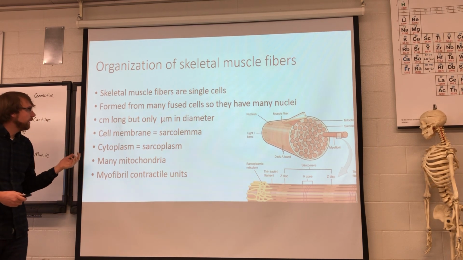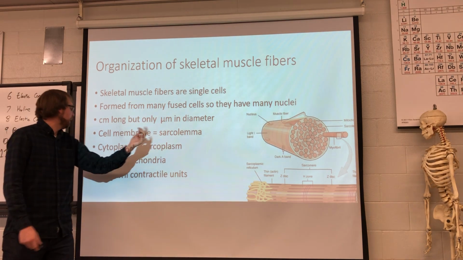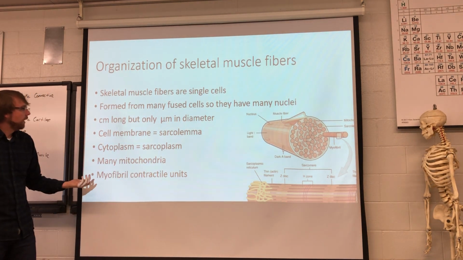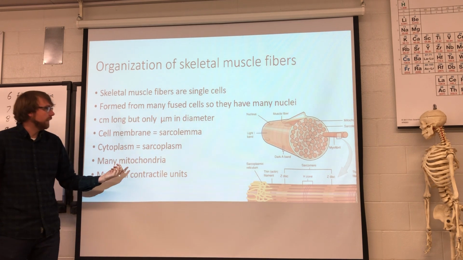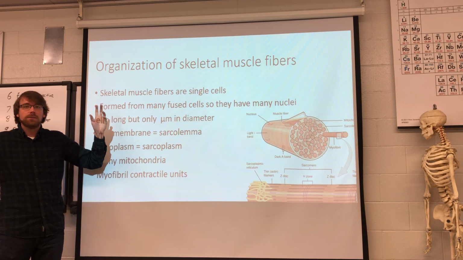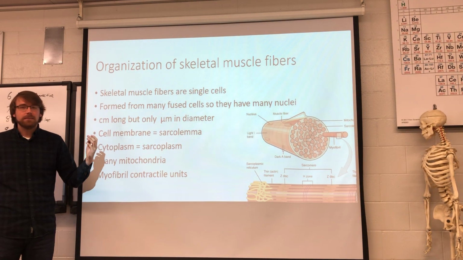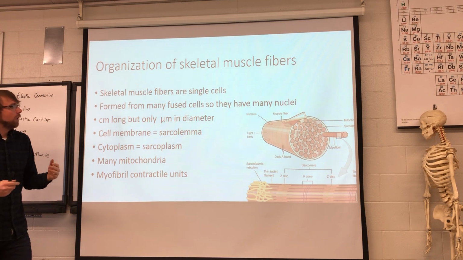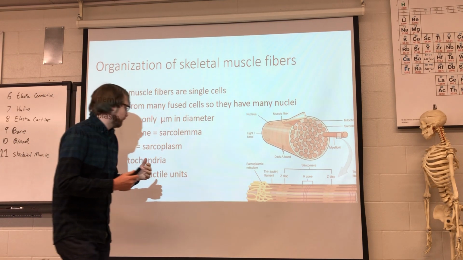The cell membrane is called a sarcolemma. The cytoplasm is called sarcoplasm. They have a ton of mitochondria in them because mitochondria are the powerhouse of the cell, and it needs lots of energy. And myofibrils are the contractile units.